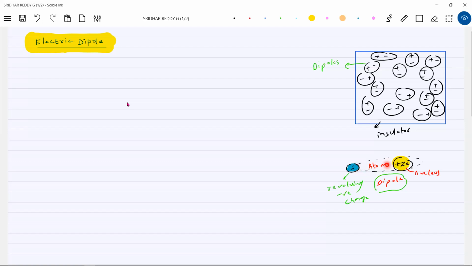You can ask, sir, what distance are you going to take? Electrons revolving in the K shell will have some distance, and those in L, M, N will have others. So I take the average distance of all revolving electrons from the nucleus. That is the distance between the net negative charge and the positive charge of the atom that I am going to consider.